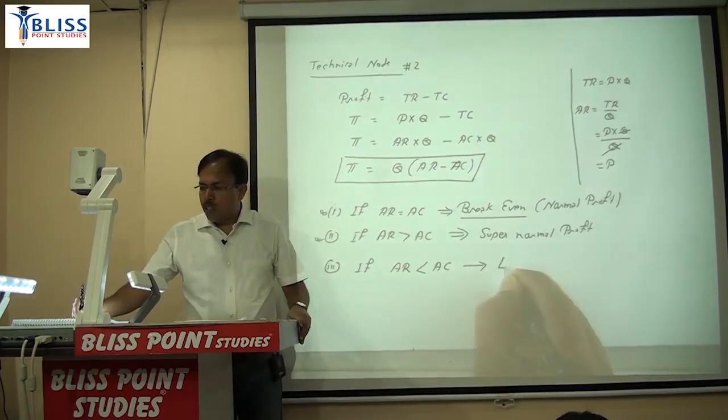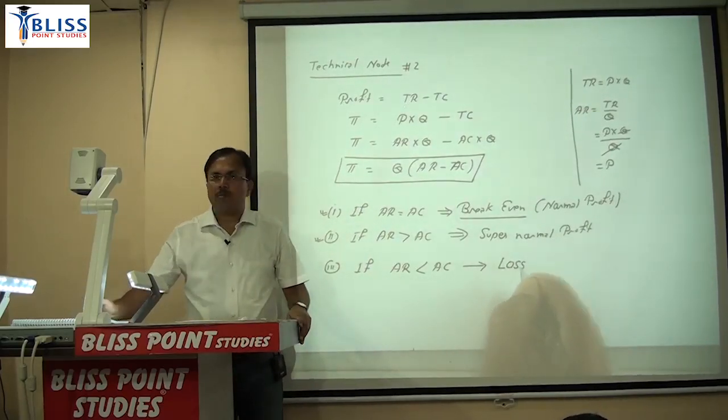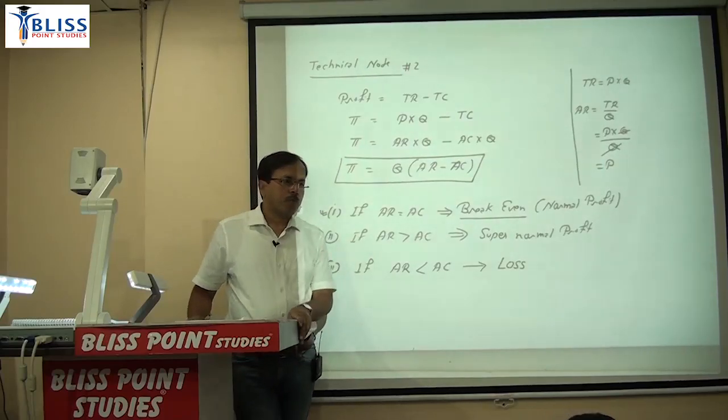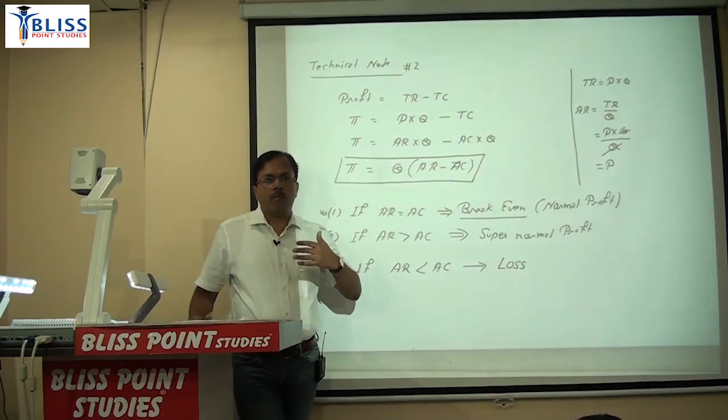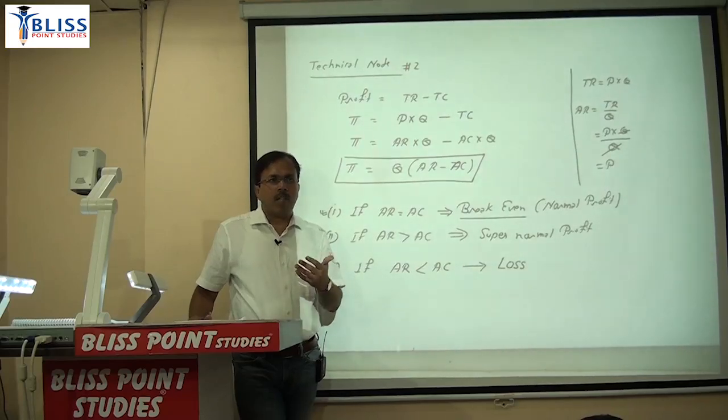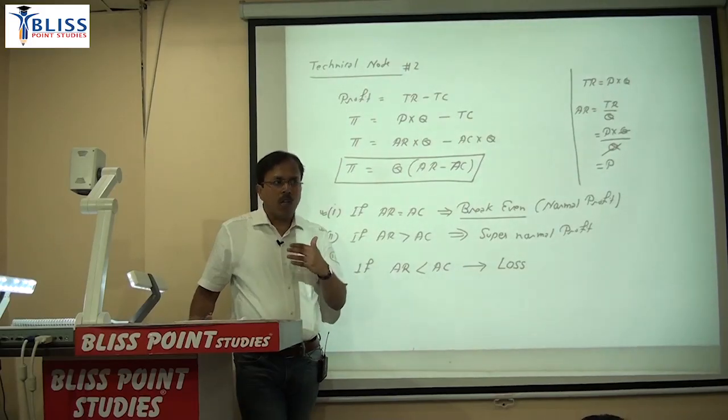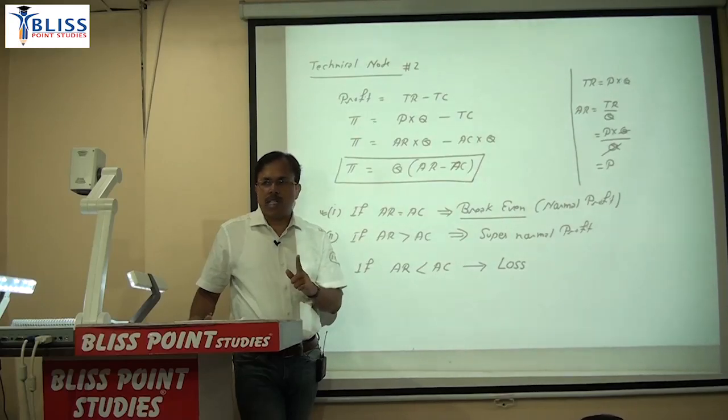So now question is, if there is loss for firm, what will firm do? Whether firm will continue to produce despite loss or whether firm will shut down. It depends. So it depends upon what? It depends upon variable cost and not fixed cost.